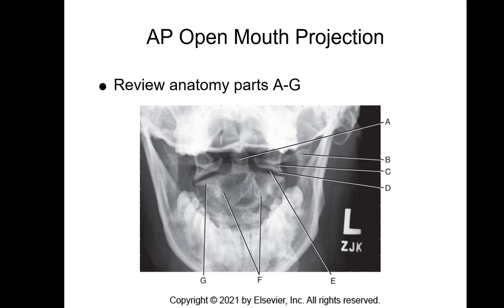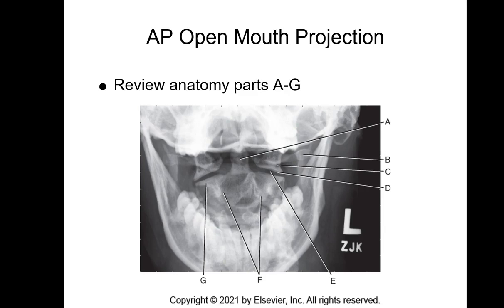We also look for the relationship between the dens and C1 to be symmetrical. Okay, so the dens should look nice and centered in C1. The tricky part for us is that injury or improper positioning can make these areas look asymmetrical.